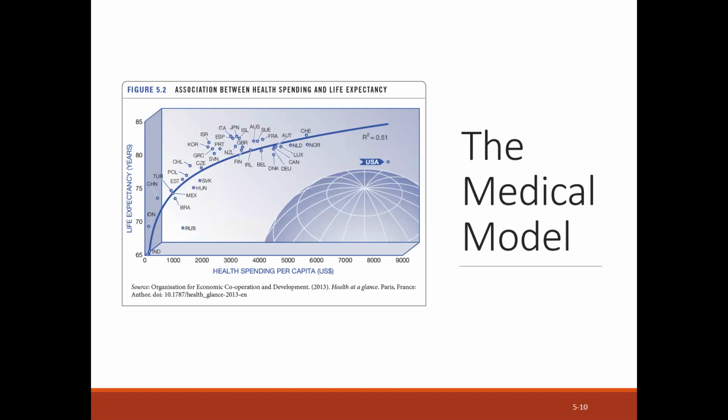It's also in your textbook and on the screen, but this is showing you the association between health spending and life expectancy. Unfortunately, the United States spends the most, and we have some of the poorest health outcomes and low life expectancy. You'll see the United States far outspends a lot of the other developed countries as well. And this is really guided by that medical model.